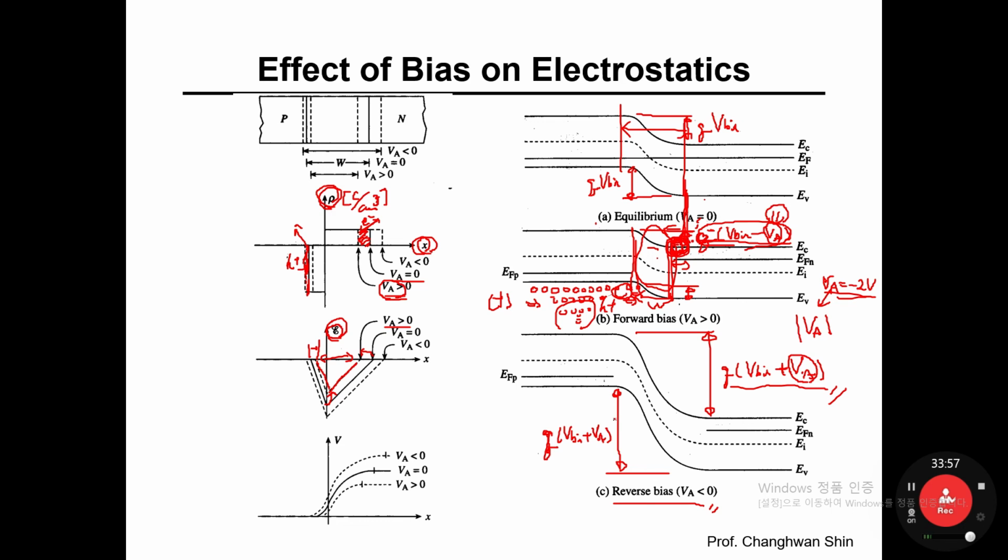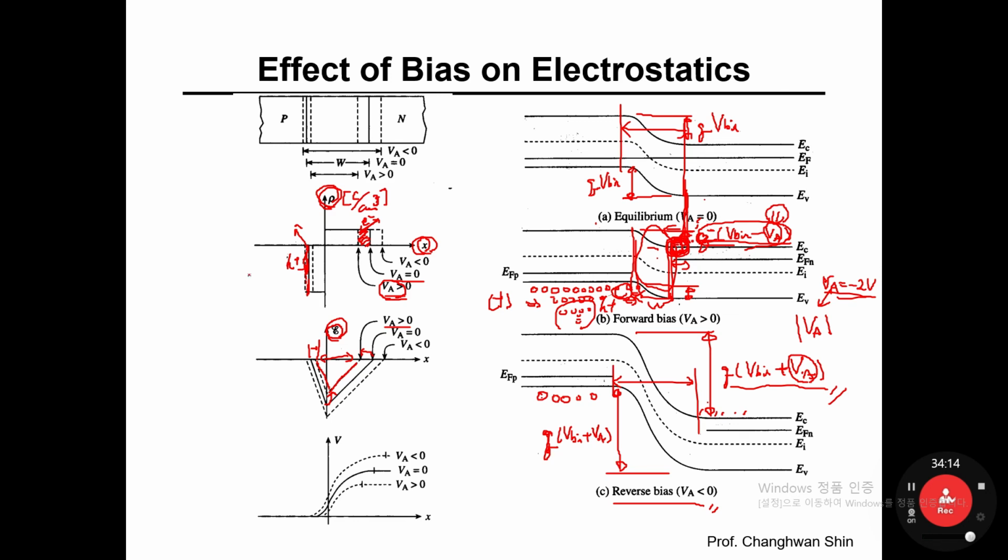Since the energy barrier height is increasing, fewer holes and fewer electrons can diffuse and exist near the depletion layer. So the depletion layer width has been widened.